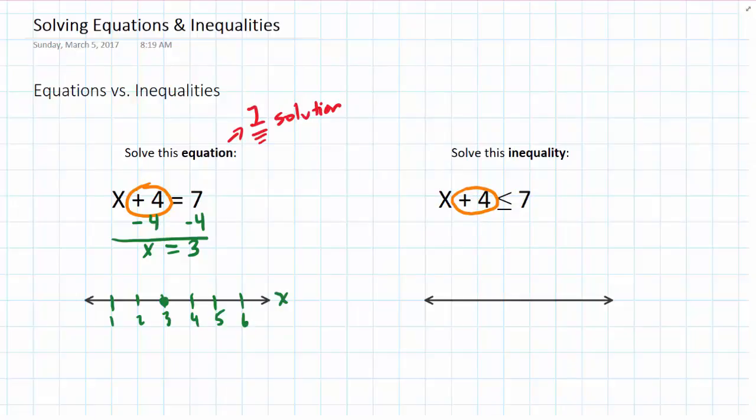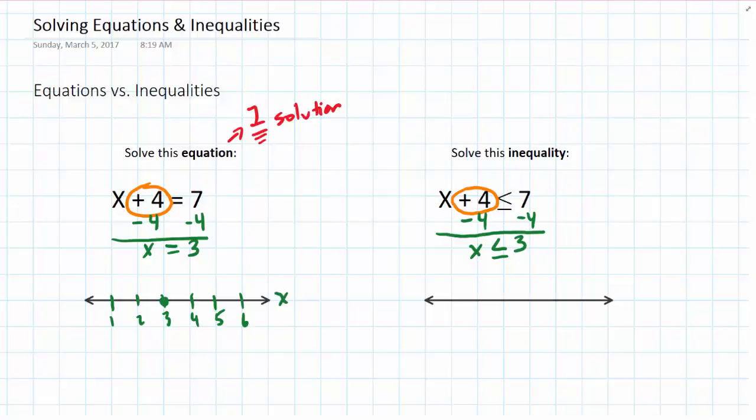The inverse of plus 4 is minus 4, so we subtract 4 from both sides. Now x is less than or equal to 3. Whereas here is x plus 4 is less than or equal to 7, now we know x is less than or equal to 3. So we solved the inequality because now we know what x is.